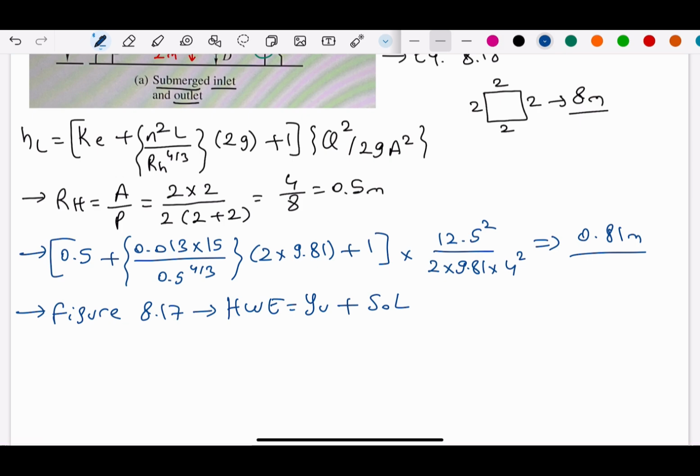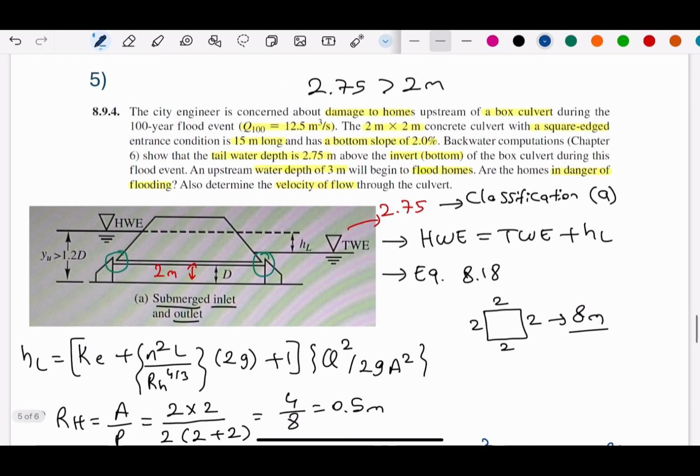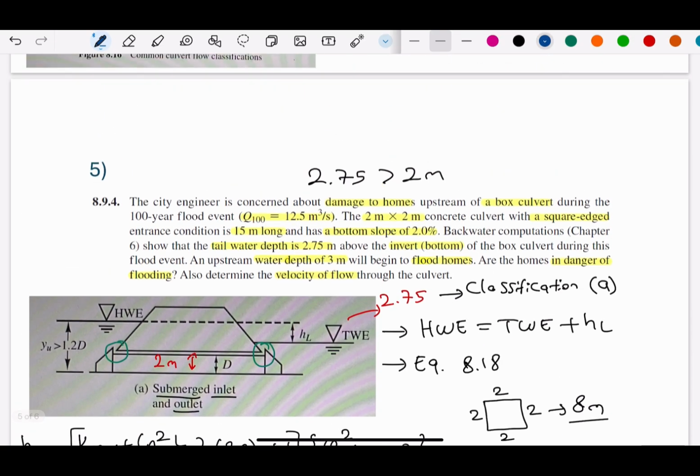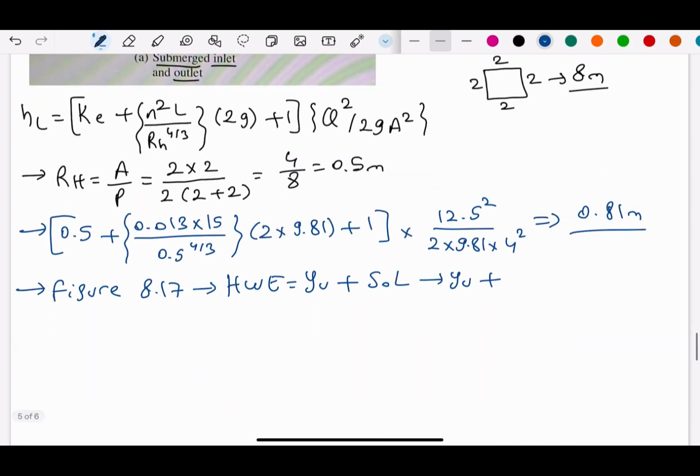From there, the slope was given as 2%, which is 0.02. The length was 15.